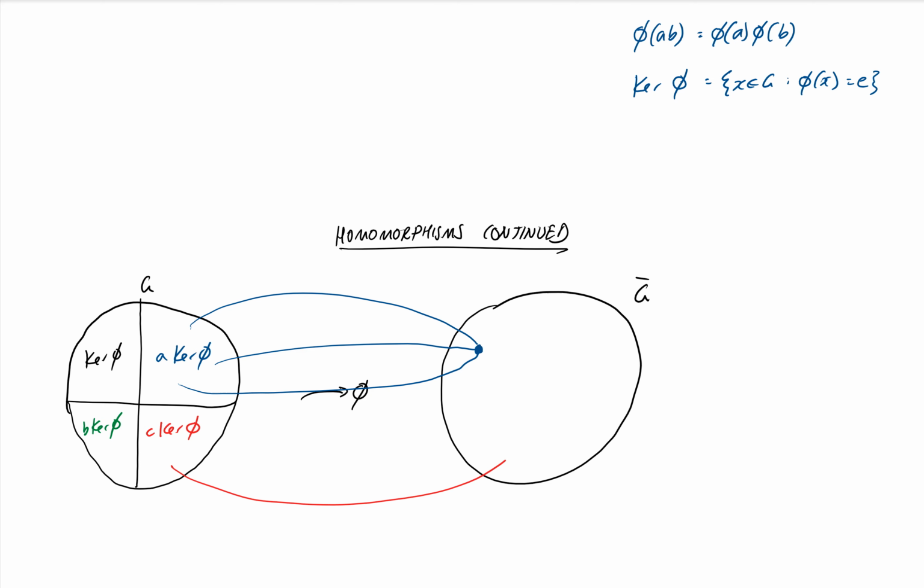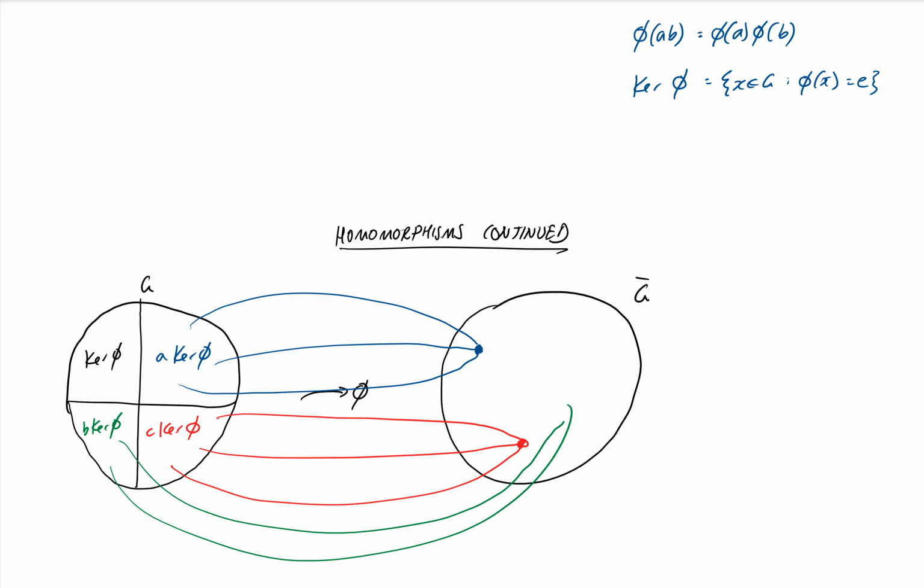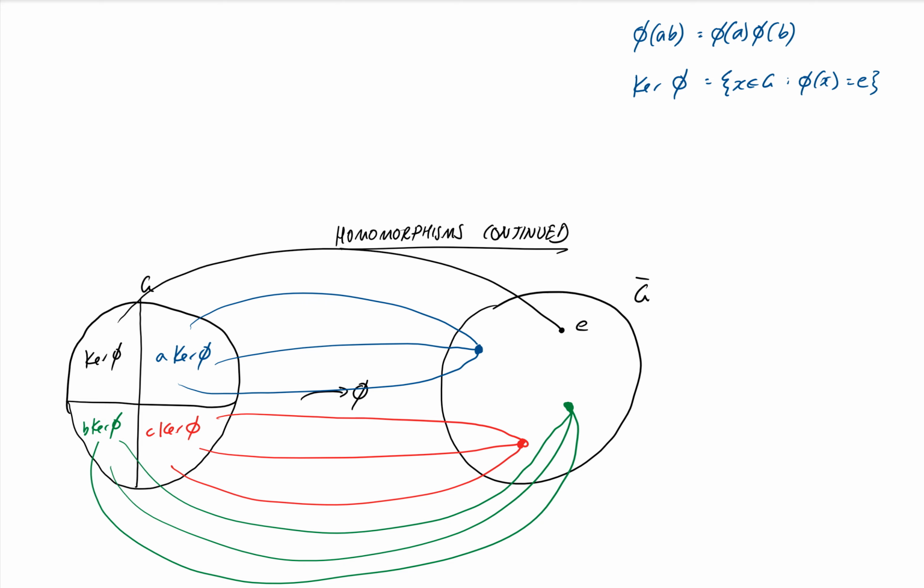So everything in this one is going to map to this point here. Similarly, let's just for completeness fill in the rest of the picture. Everything in this one maps to this point over here, and everything in the kernel maps to the identity. This is going to be E.